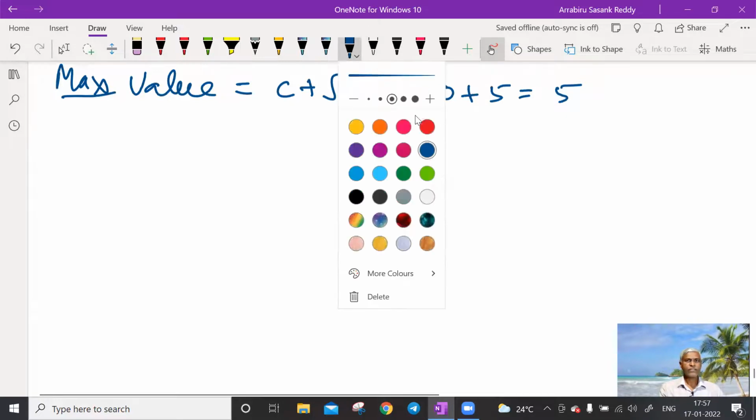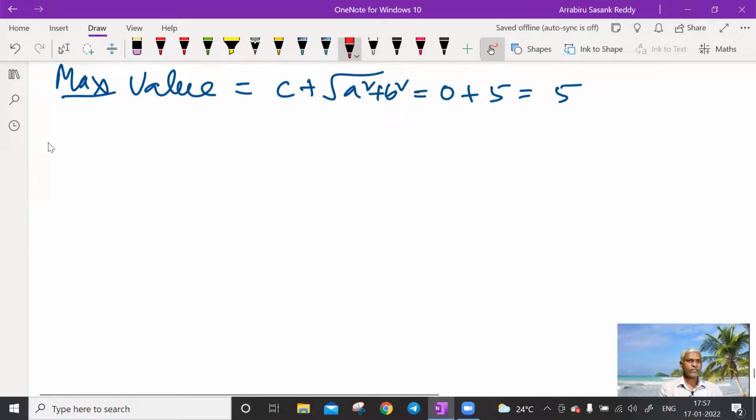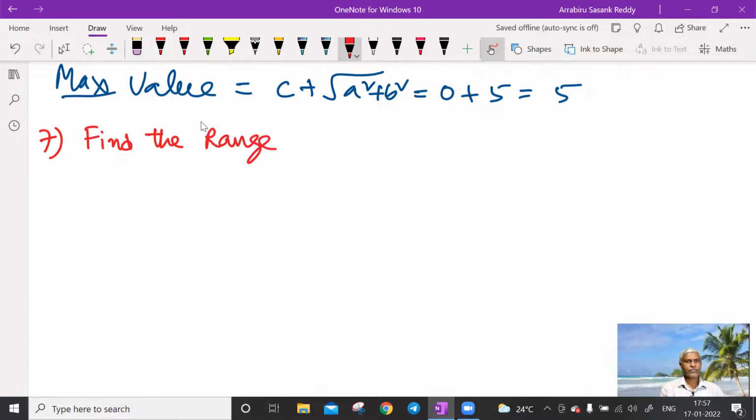Now let us take one more problem. Seventh problem. Find the range of the trigonometric expression. The first bit, 7 cos x minus 24 sin x.